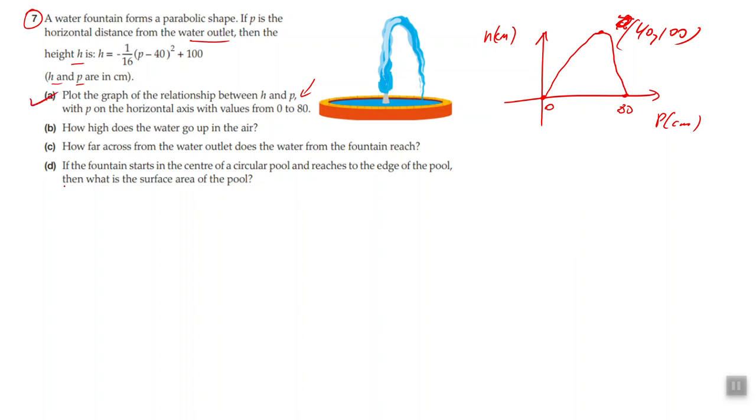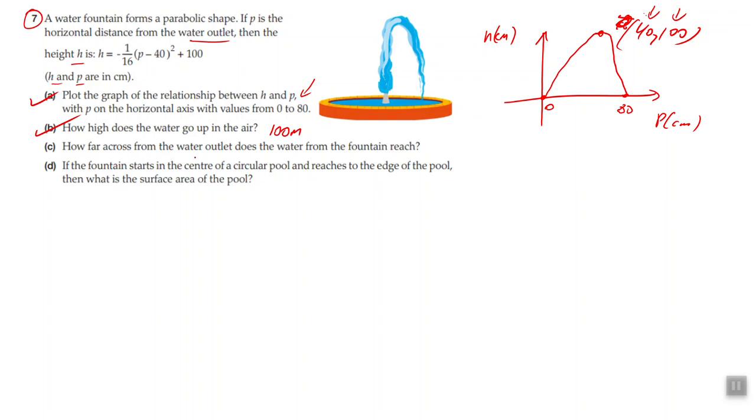That's part A done. How high does the water go up the air? We can see that our maximum point is 40, 100. 40 represents the horizontal distance, 100 represents the vertical distance. So 100 centimeters would be the highest it could go.